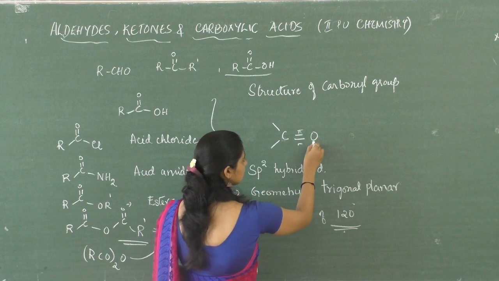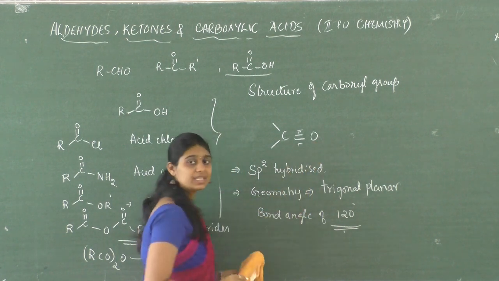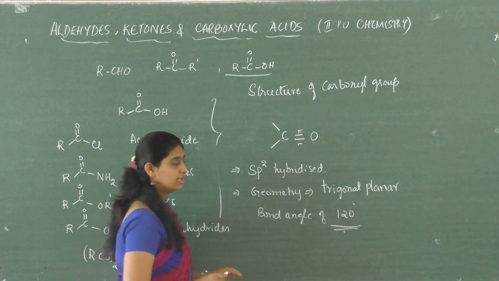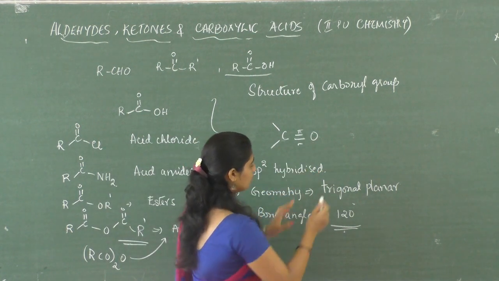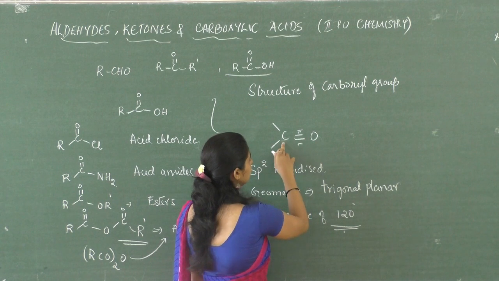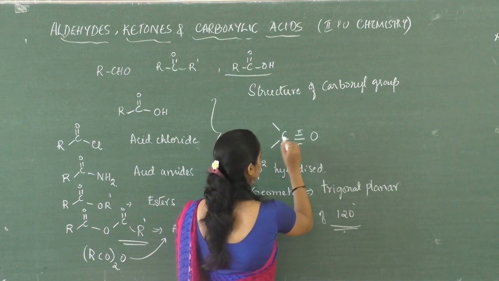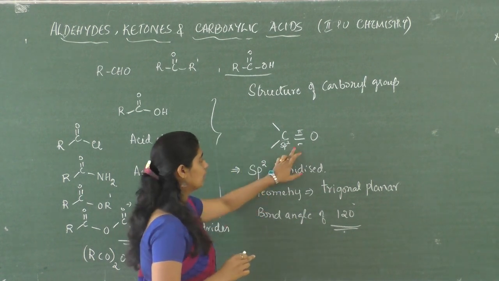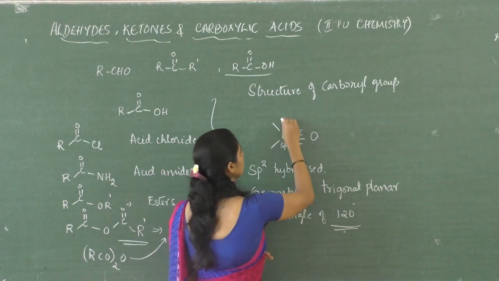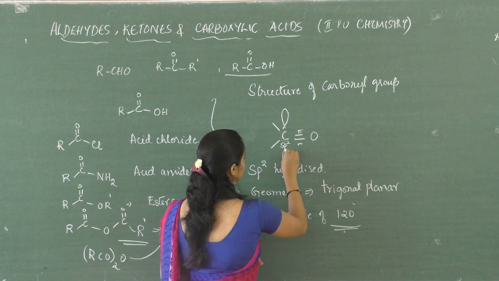The oxygen being sp2 hybridized consists of 3 sp2 hybrid orbitals, one of which will overlap with the sp2 hybrid orbital of the carbon atom to form a carbon-oxygen sigma bond.